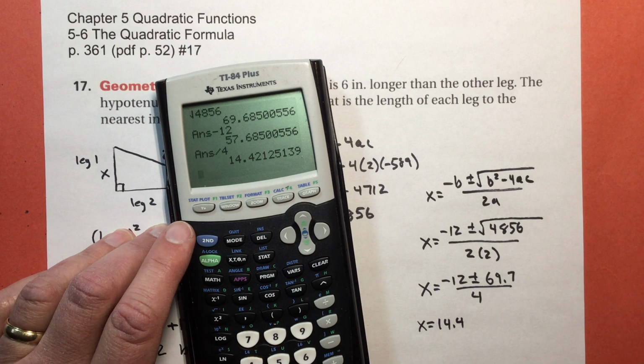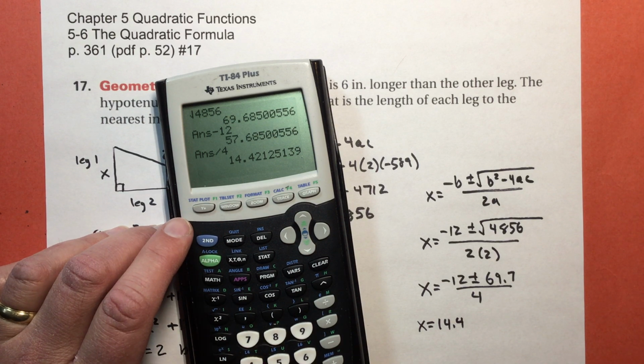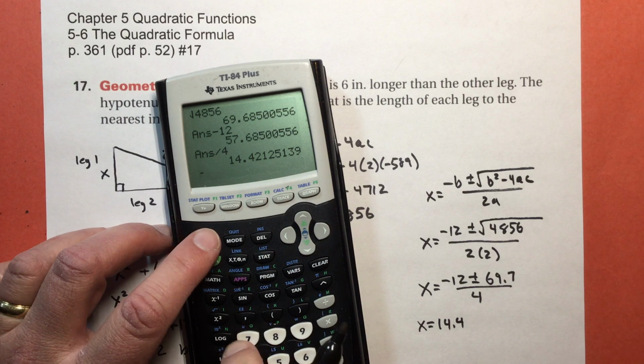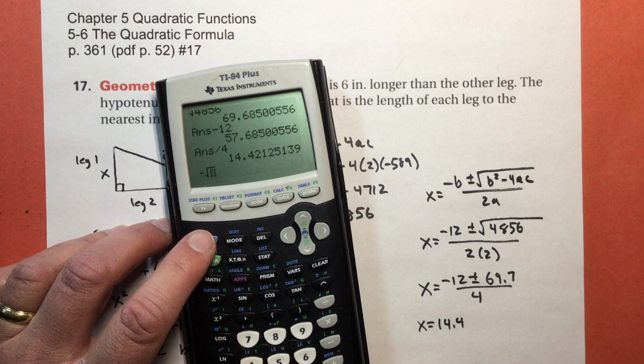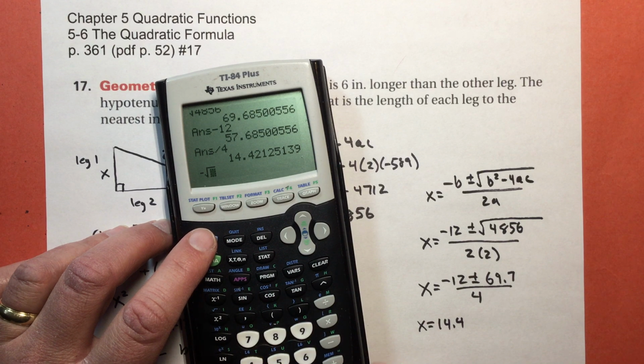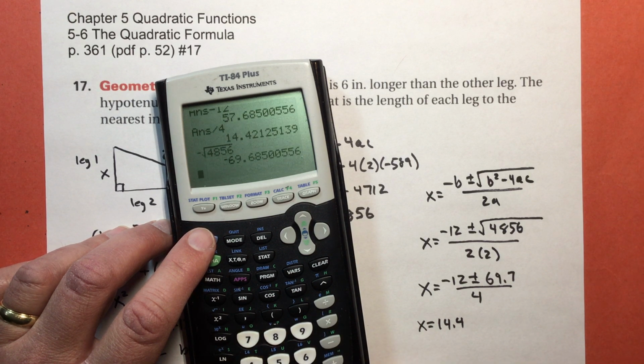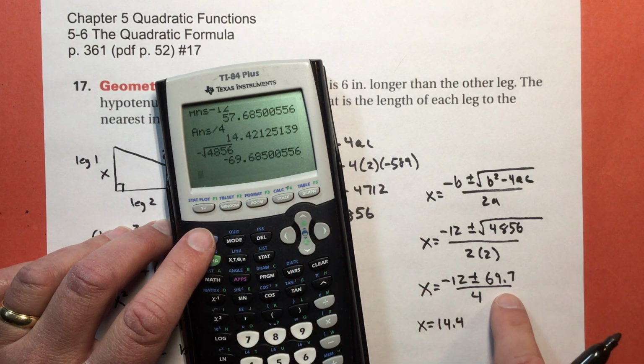Now let's go back and do the negative. Sorry, I'm using lamps to light this, and I've got a glare on my screen, so that's why I'm hesitating a little bit. Okay, so now that's negative 69.7.